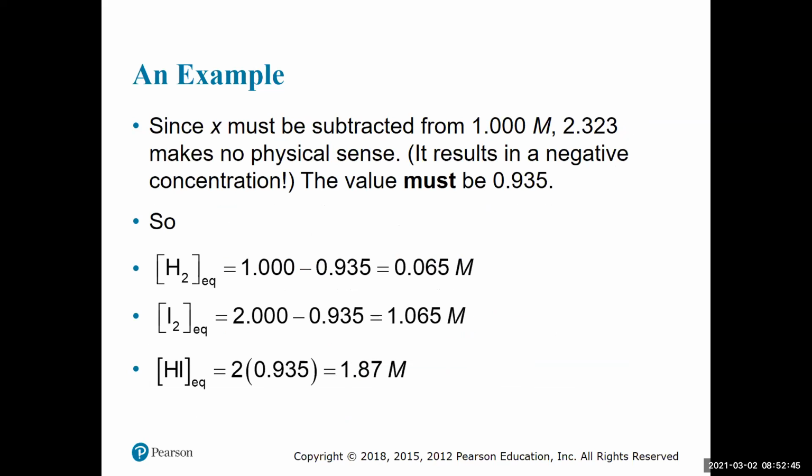So we would go ahead then and subtract that 0.935 from 1 to get our concentration of H2, and we'd subtract it from 2 to get our concentration of I2, and then we would put it into our HI equation to get 2 times that, and that's how we would solve to get our molarity values.